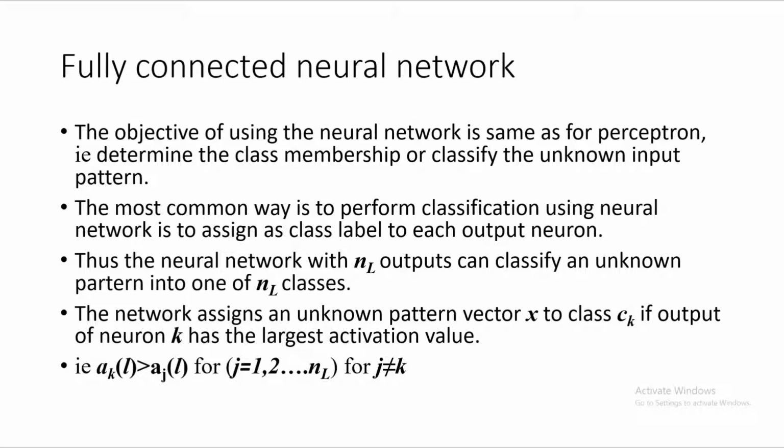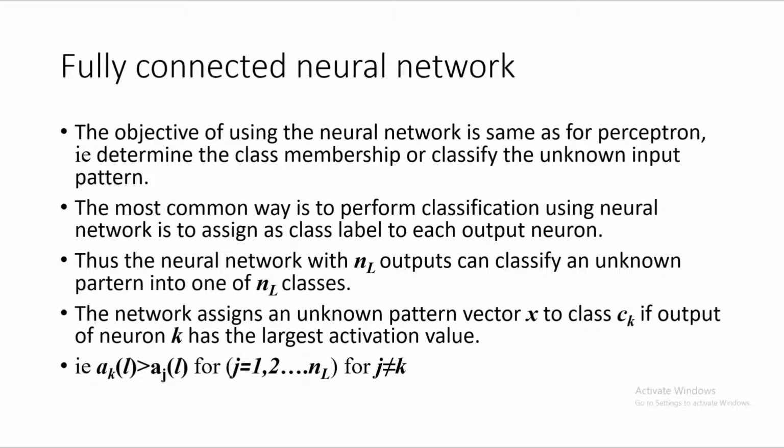The most common way to perform the classification using the neural network is to assign a class label to each output neuron, and thus the neural network with NL outputs can classify an unknown pattern into one of the NL classes, and the network assigns an unknown pattern vector X to class CK if the neuron K has the largest activation value.